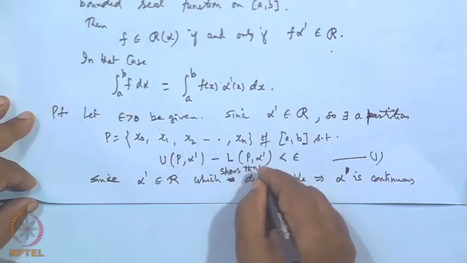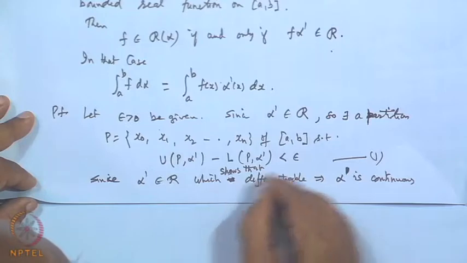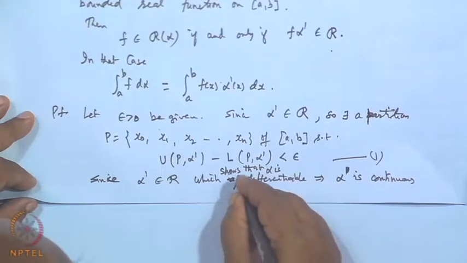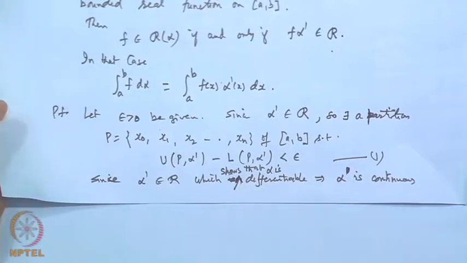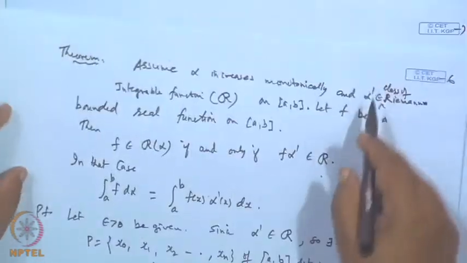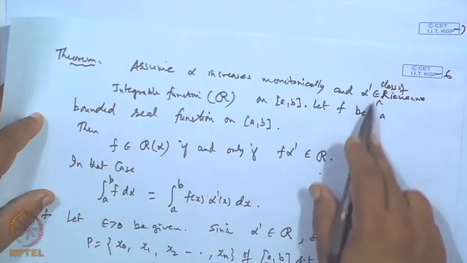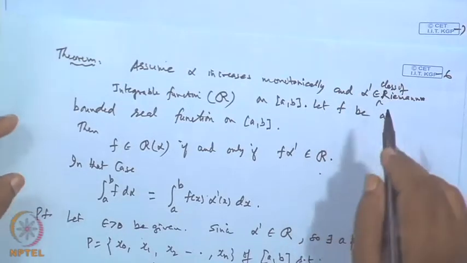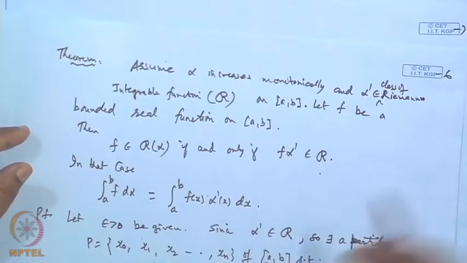If it is discontinuous, we cannot talk about differentiability. So, alpha is continuous throughout the interval [a, b].